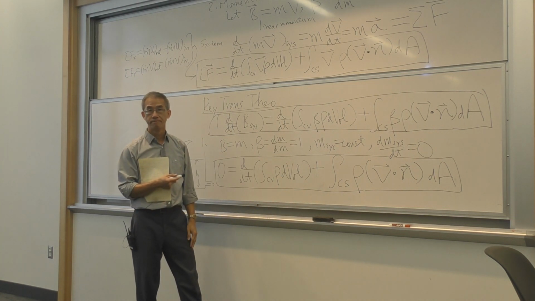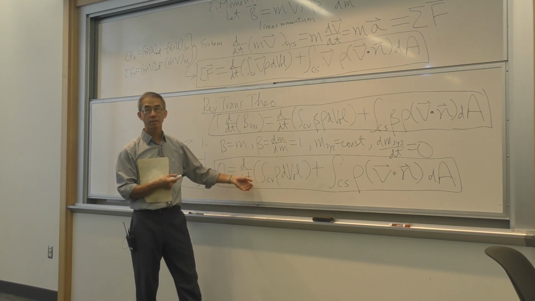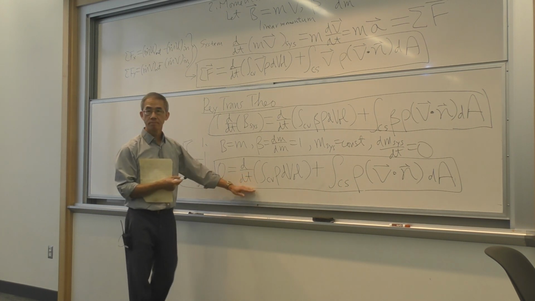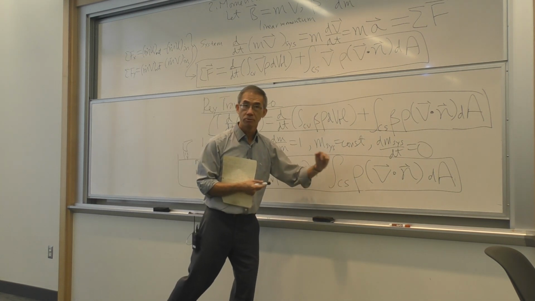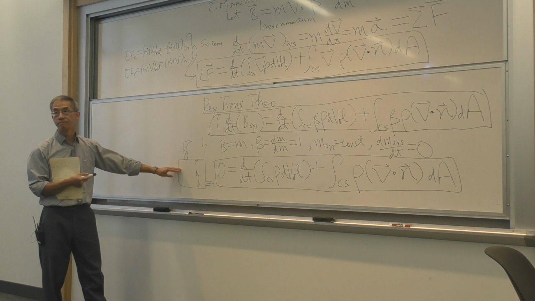First of all, if I give you a quiz problem or a test problem and I say, read this continuity equation to me in plain, simple English, what is this term? And what is this term? Can you do it? Think of this diagram.